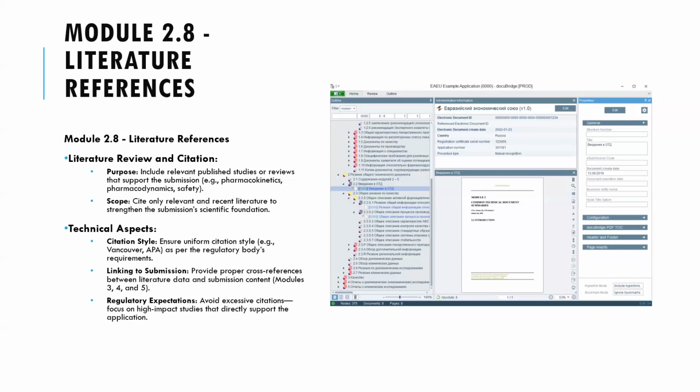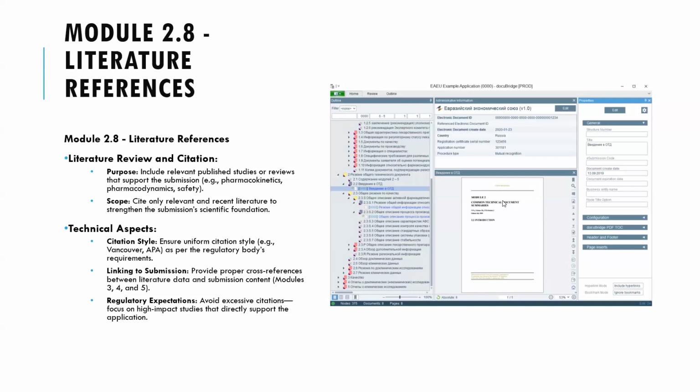And avoid excessive citations. Focus on only high impact studies that directly support the application. You shouldn't be citing everything that you find on the internet or data that is present. So yes, citing is a very important part in order to support your submission. Okay. So this was about your module 2.